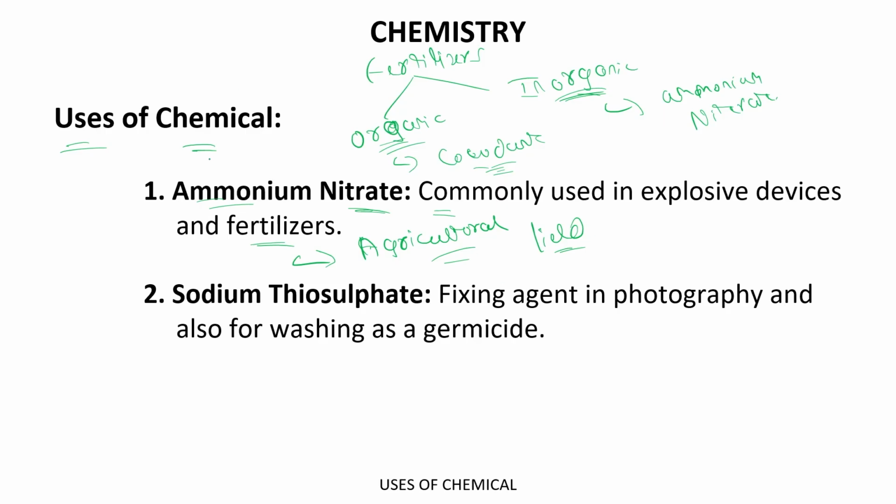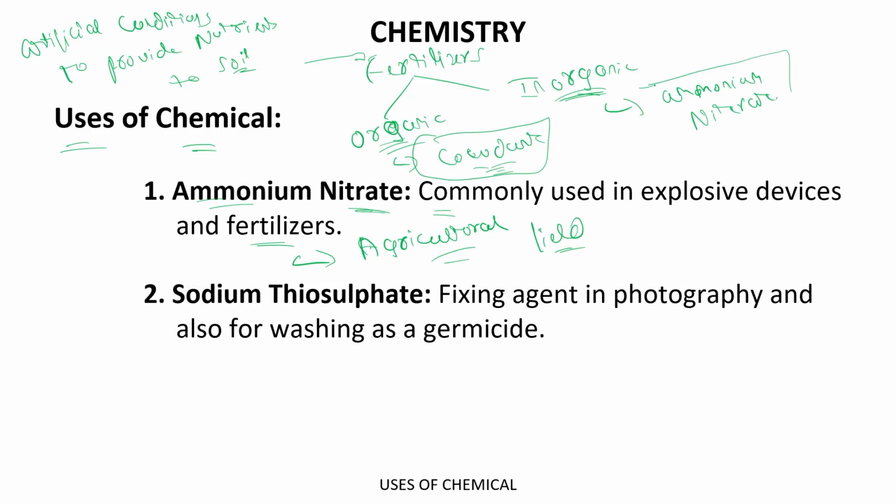But the soil generally is not able to provide all the required nutrients and required conditions. So that's why we use artificial conditions to provide nutrients to soil. And these artificial nutrients come from the fertilizers, which are again divided into two forms: the organic, generally made of cow dung, and the inorganic, generally made of ammonium nitrate.